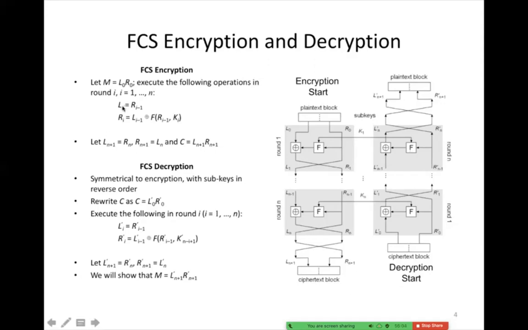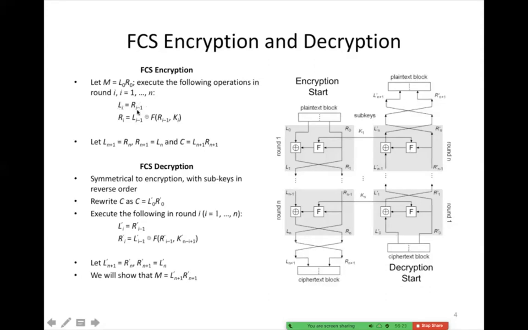For L sub i, it is just the right-hand side half of the previous input, the input of the previous round.